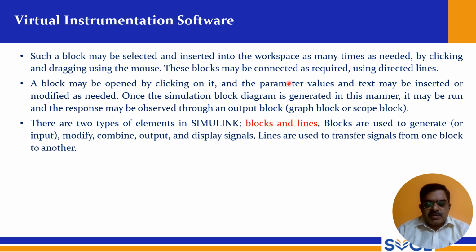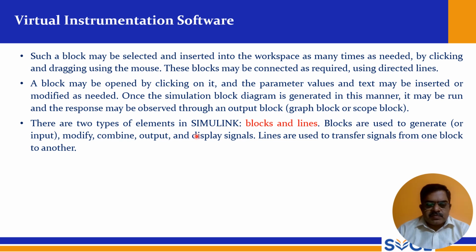These blocks may be connected as required using directed lines. A block may be opened by clicking on it, and the parameter values and the text may be inserted or modified as needed. Once the simulation block diagram is generated in this manner, it may be run and the response may be observed through an output block, graph block, or scope block.